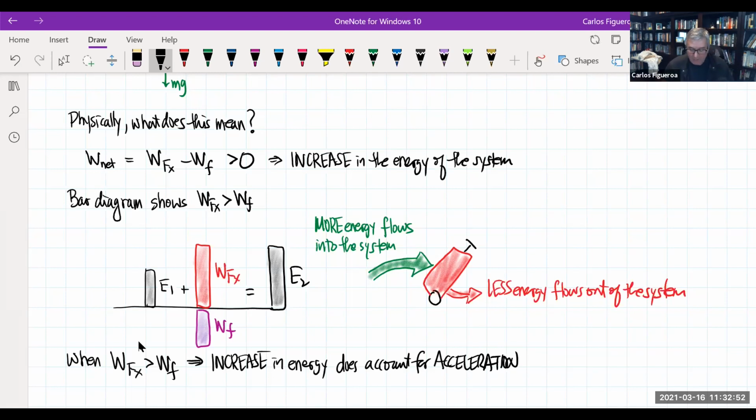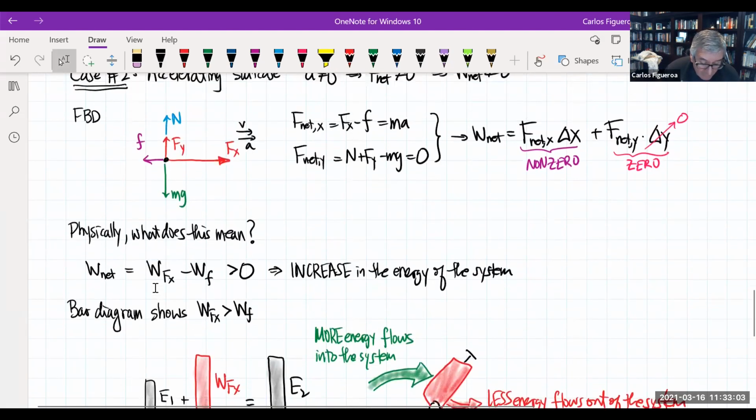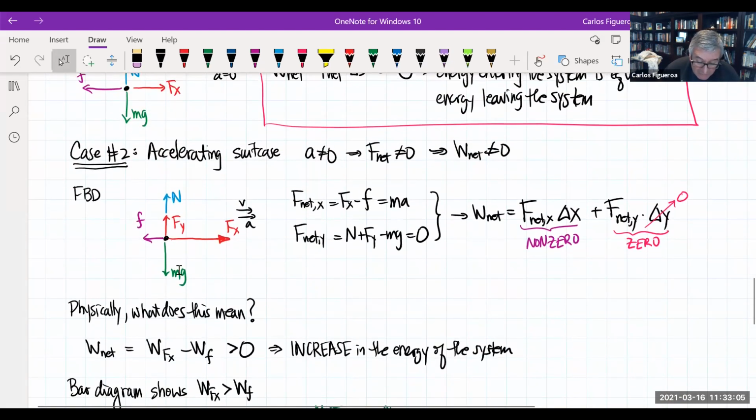So instead of talking about the word acceleration, we're just saying, hey, there's an increase in energy of the system. So in this case, it must be accelerating. So that's when it's accelerating.